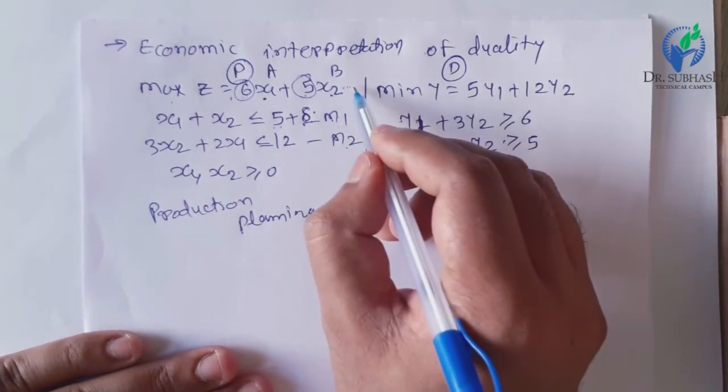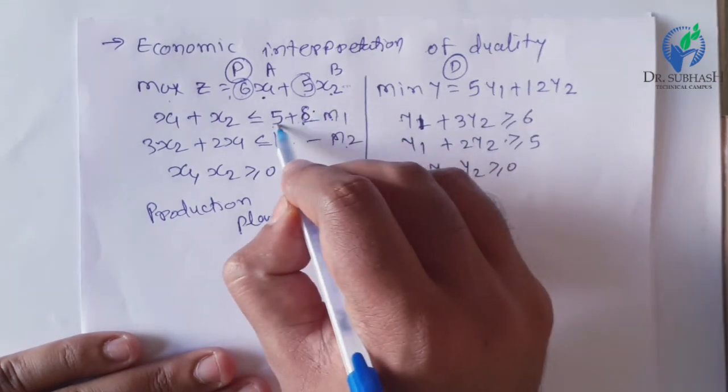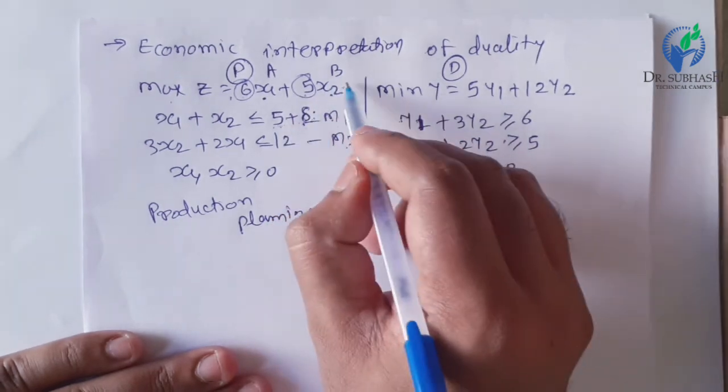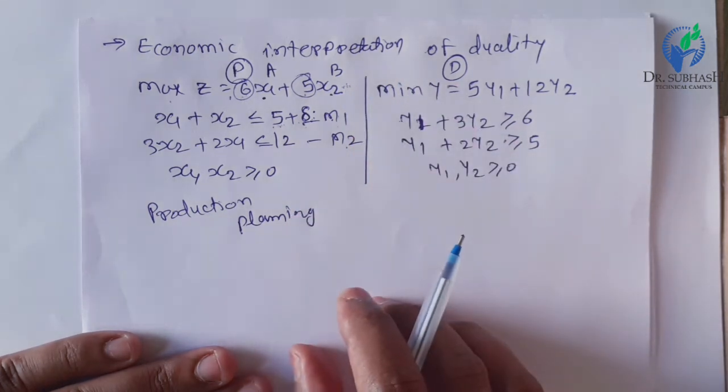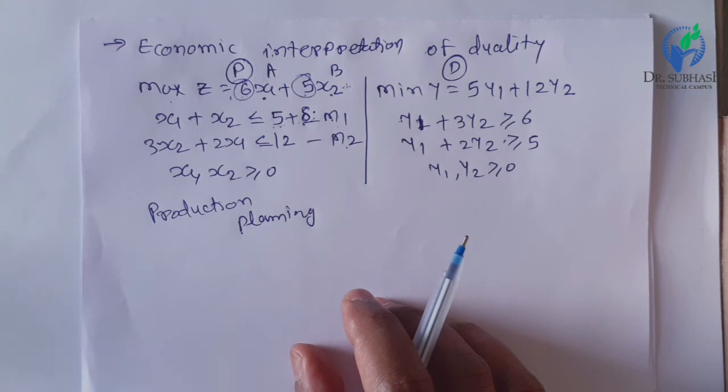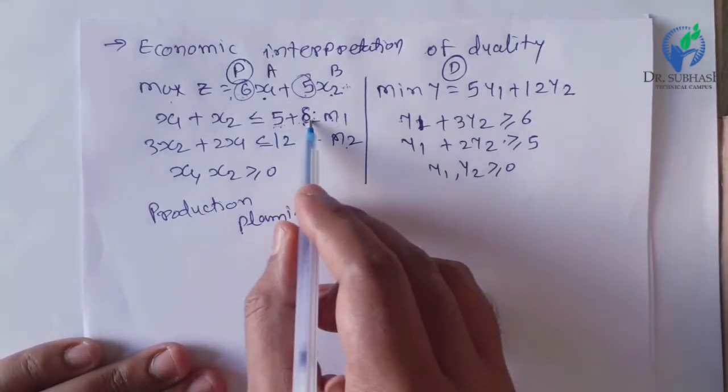This is called duality, or the effect of a small increment on the objective function, which would be a managerial decision on how to maximize our profit by increasing a particular resource.